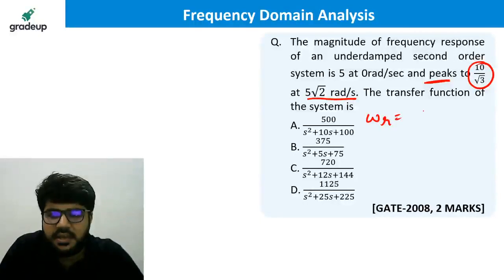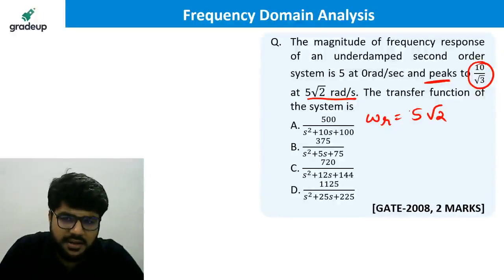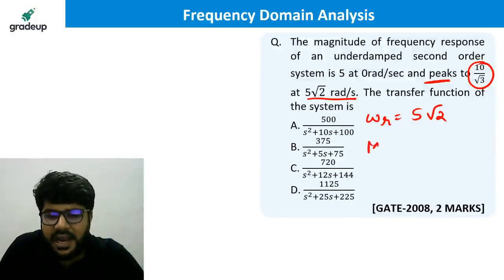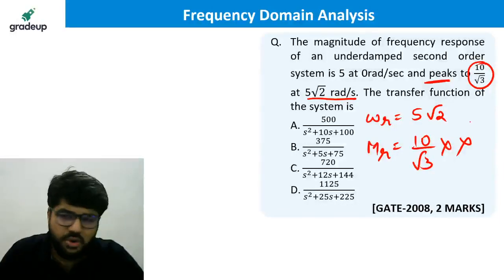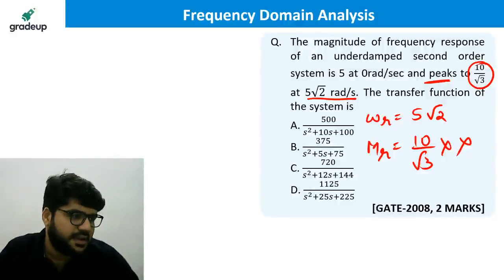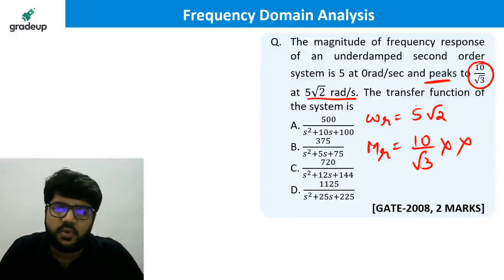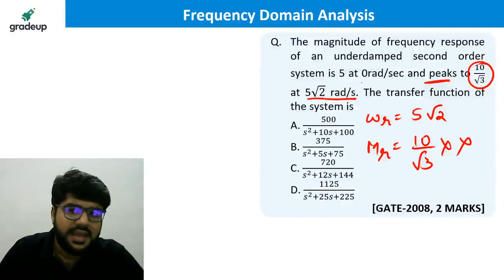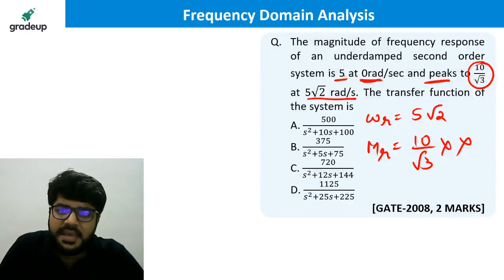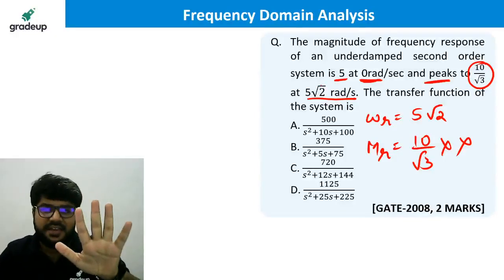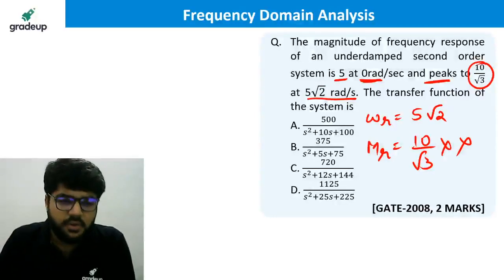That means the frequency at which the peak occurs is the resonant frequency, and you might take MR as 10 by root 3. But this MR will not be 10 by root 3. Before you apply this, I am making it clear: it is not going to be 10 by root 3. Why? Because already at 0 radian per second, the magnitude is 5. Let me explain it to you.